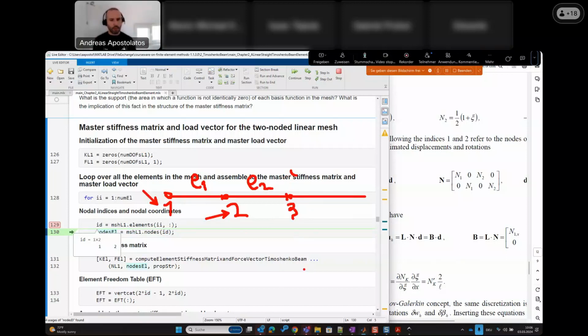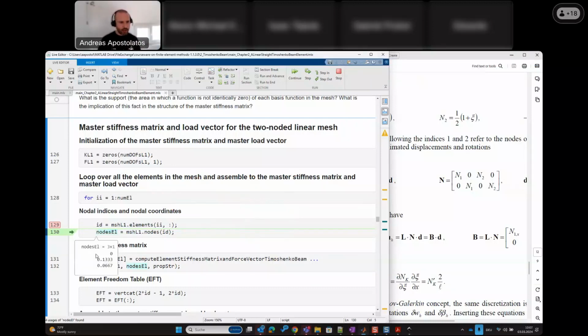Which nodes belong to element 2, based on the sketch that I have here? Yes, which numbers? Okay, thank you. So 2 and 3, exactly. The second and the third, 2 and 3.